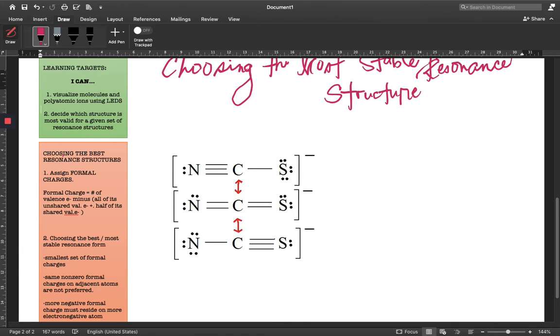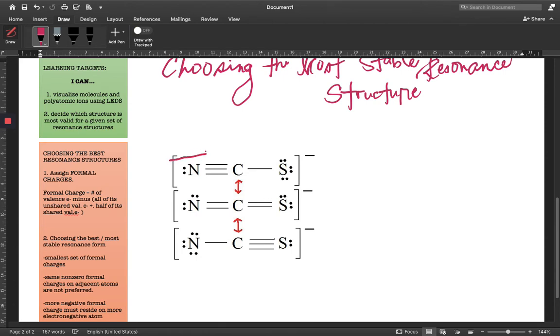So let's take for example our thiocyanate ion. So this is SCN, represented by the following resonance forms. Okay, so you see that there is nitrogen, carbon, and sulfur. Now, in order to assign the formal charge for each particular atom, what we need to do is enclose it in a box.